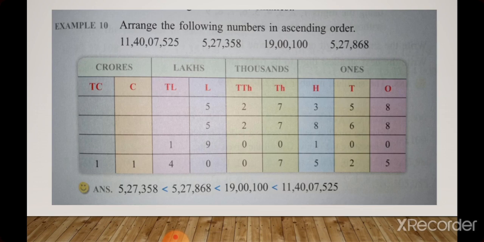So we already learned that the number which has more digits is always greater. The greatest digits number is the first one, so you should write that number last. Why? Because we are writing ascending order. Ascending means smallest to biggest, so first we should write the smallest number and then the greatest. So this number is greatest, you should write it at the end.